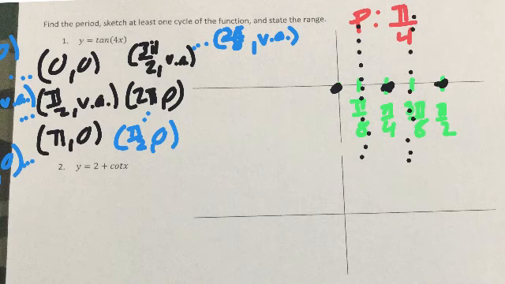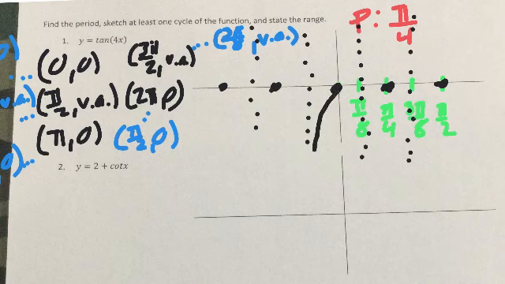And so, like I said, you're not going to be given as much graph here to work with because my critical points are not as revealing. So you're going to have to remember, because this is tangent, the graph should be increasing between the asymptotes.